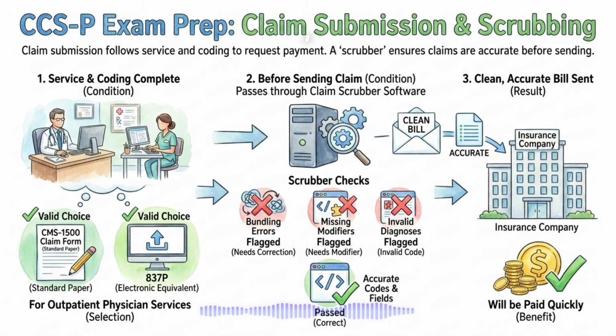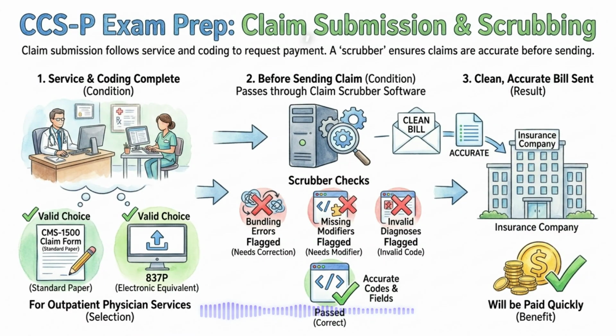After a service is completed and coded, the clinic must submit a claim to the insurance company to request payment. For outpatient physician services, this information is submitted using a standard billing format known as the CMS 1500 claim form, or its electronic equivalent, the 837P.